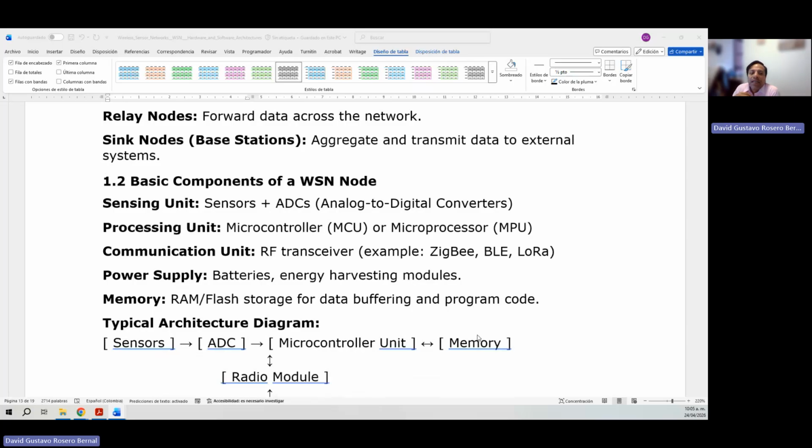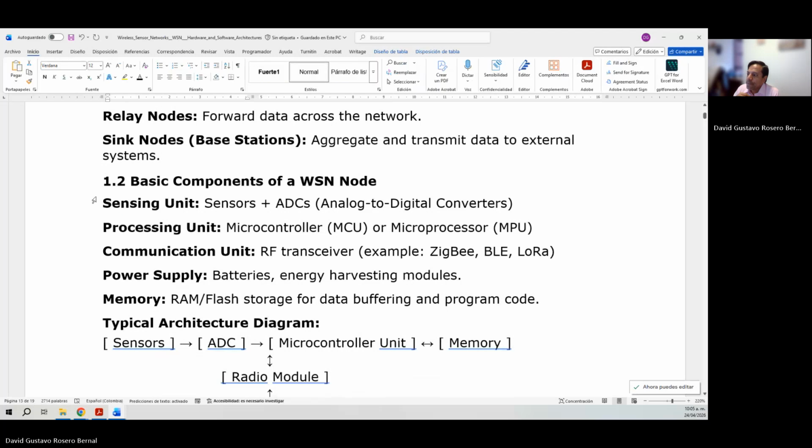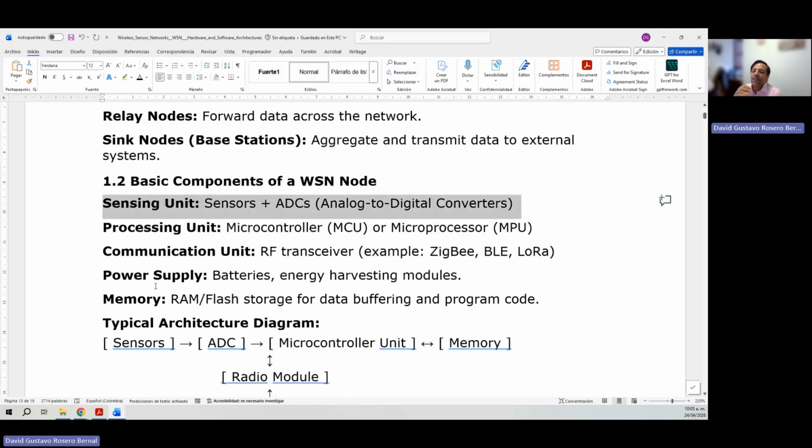Next, we will look at the core components of a sensor node. A typical WSN node is composed of several essential units. We have the sensing unit, which incorporates various sensors tailored to the application, coupled with analog-to-digital converters, ADCs, that transform analog signals into digital data.